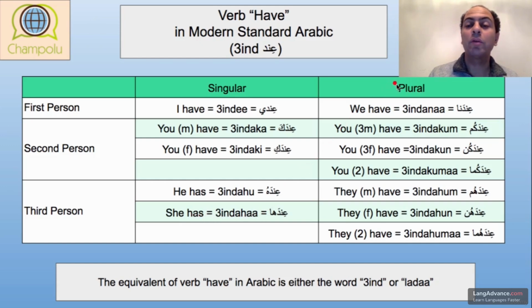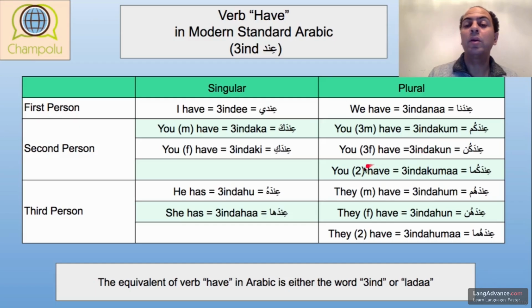And then for plural, we have, عندنا. You have for when addressing a group of males or mixed, عندكم. You have for addressing a group of females, عندكن.